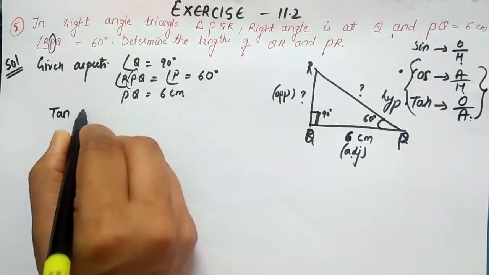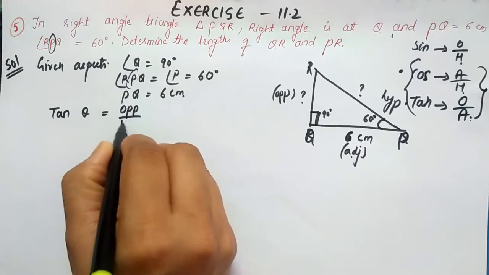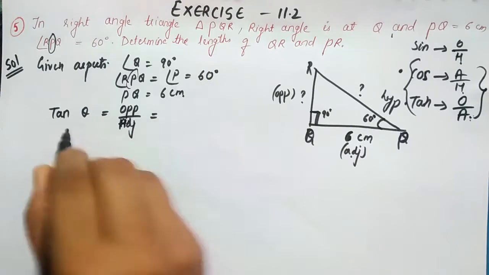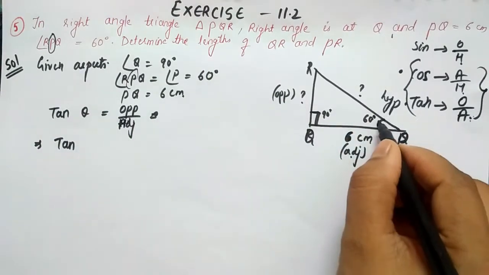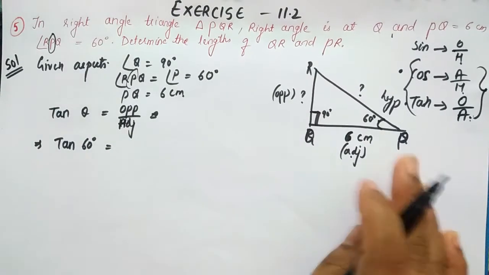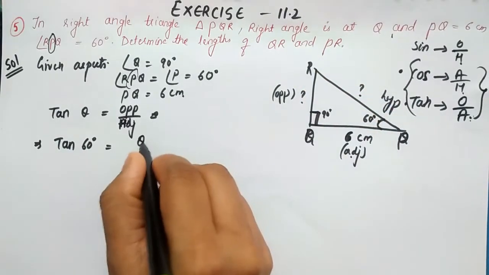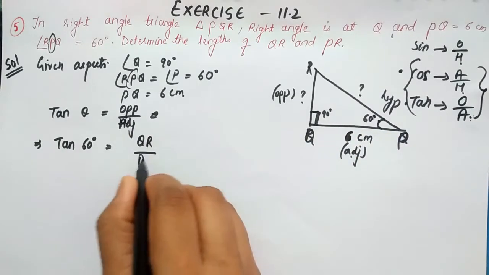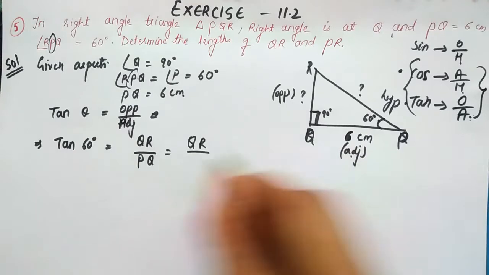What is the formula for tan theta? It is opposite by adjacent. In our case, theta is already given as 60 degrees. Opposite is still unknown, it is QR. Adjacent is PQ, which we know is 6.